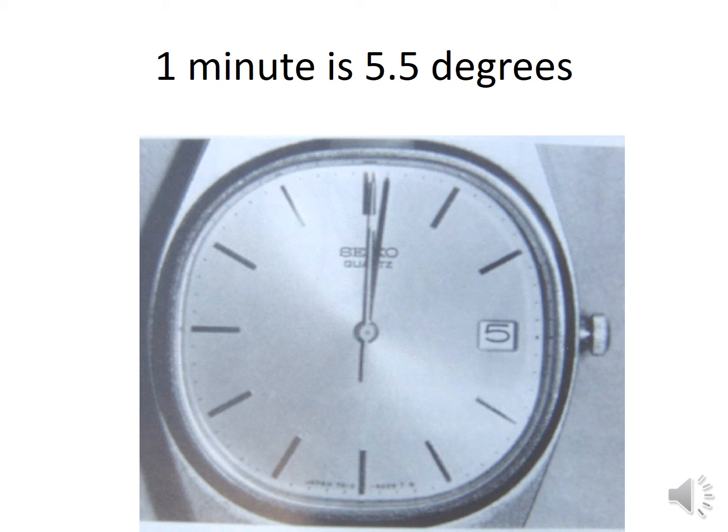So in this clock you can see obviously 1 minute is equal to 5.5 degrees. Very critical. Can we achieve it with our naked eye? No, we can't do it.